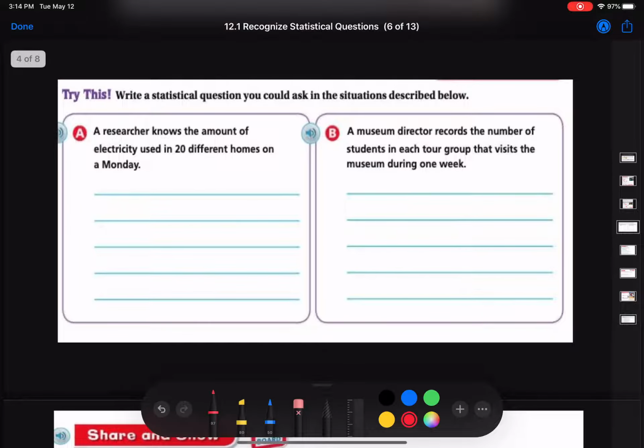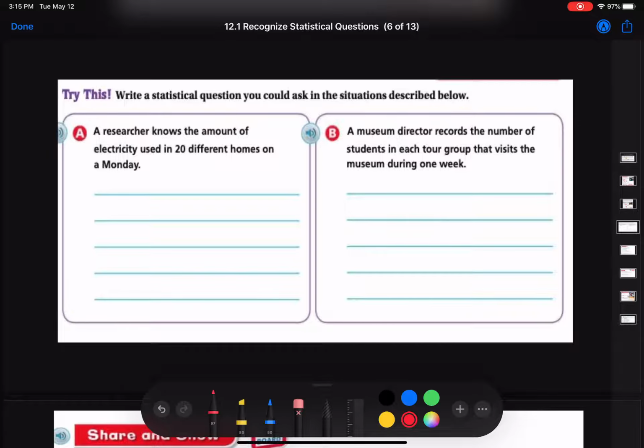Let's keep going. All right, so now this one, I just have to write down some examples of statistical questions. A researcher knows the amount of electricity used in 20 different homes on a Monday.